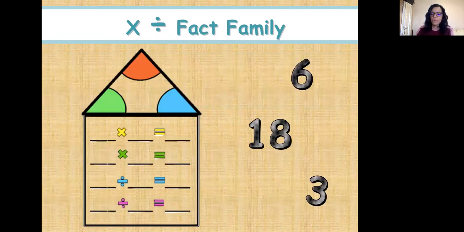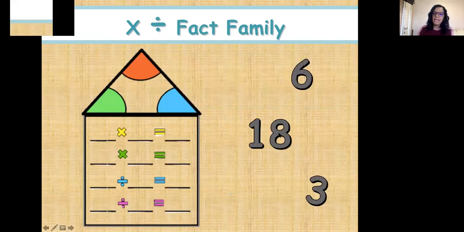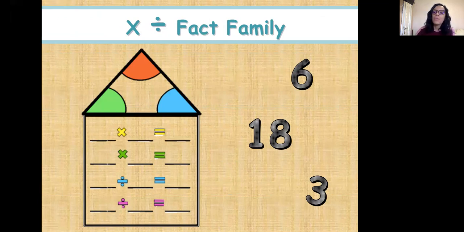As always, we are going to put the number 18 at the top of the triangle because it's the biggest number, meaning that we can put the 3 or the 6 on the sides. Now, can we switch those two? Yes. Can we switch the 18 with the 6? No. The biggest number will always go at the top of the triangle, okay?